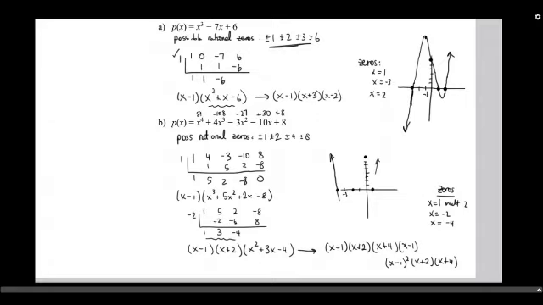So let's see. I check my math there. All right. So I got 81 minus 108 minus 27 plus 30 plus 8. So that's -16.